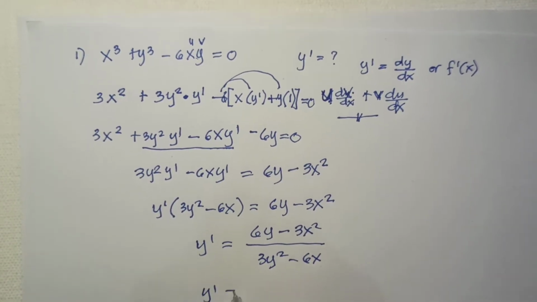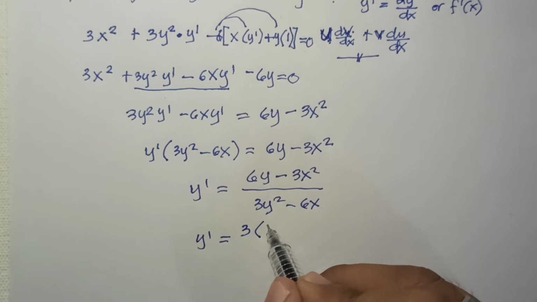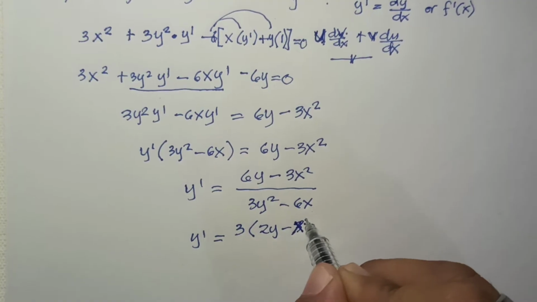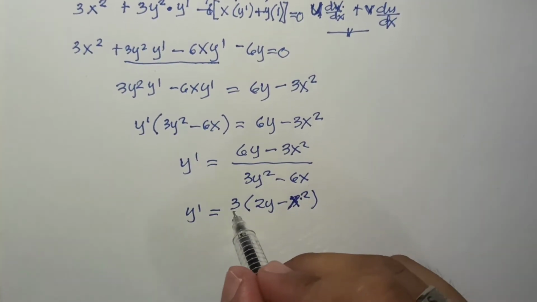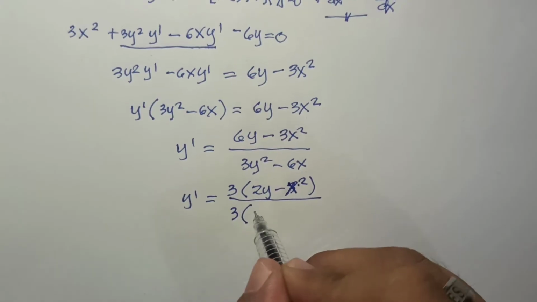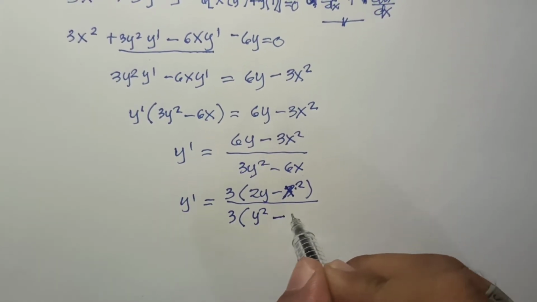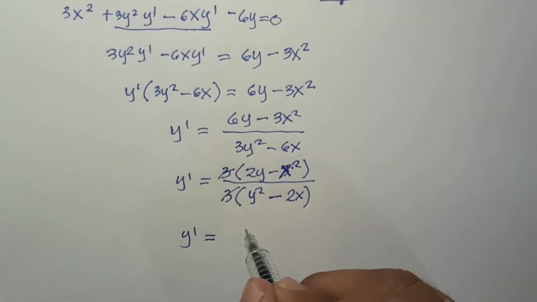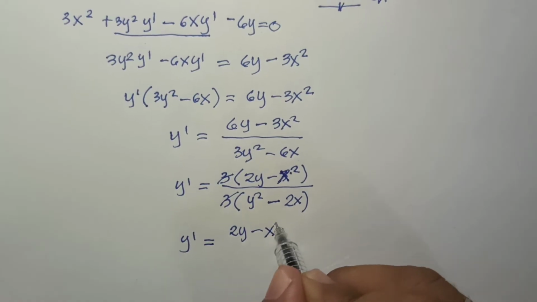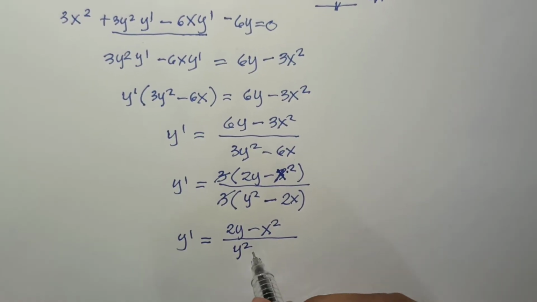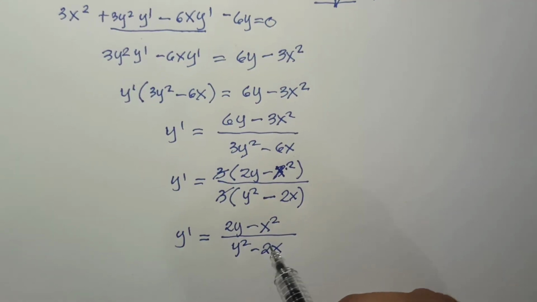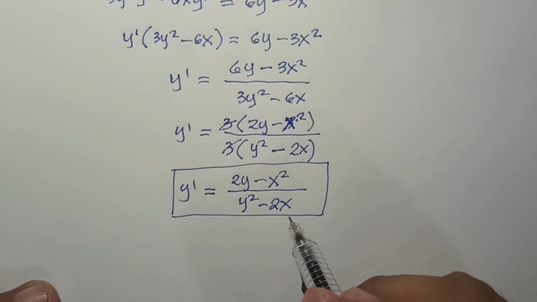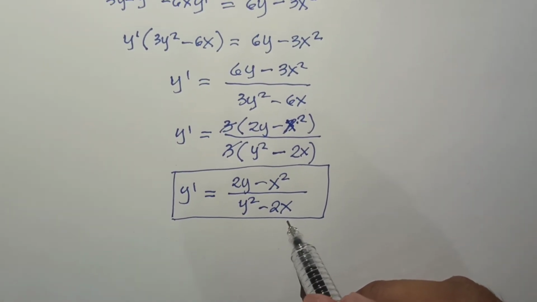So factoring 3, this is 3 times 2y minus x squared over 3 times y squared minus 2x. So cancel 3. So y prime is equal to 2y minus x squared over y squared minus 2x. That is the result of this implicit differentiation.